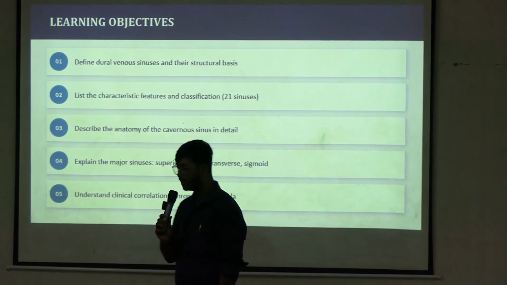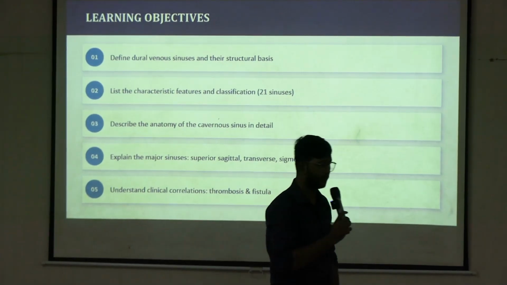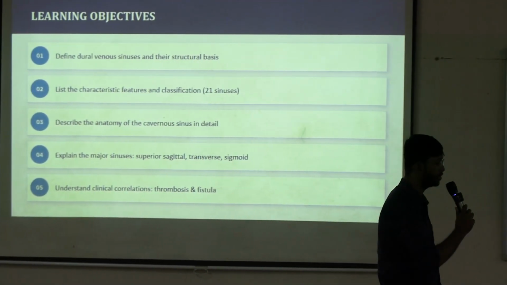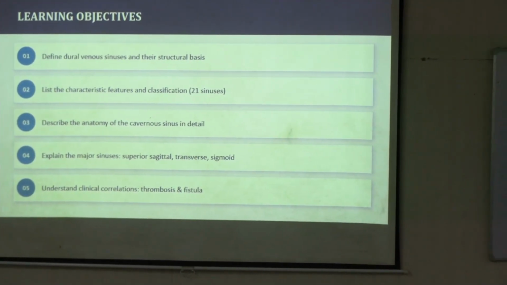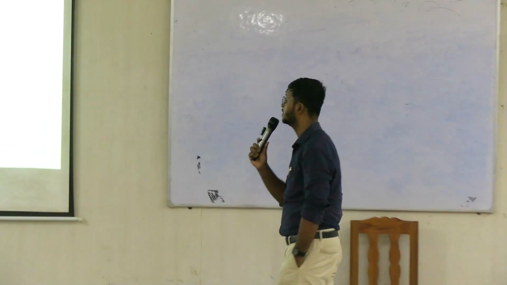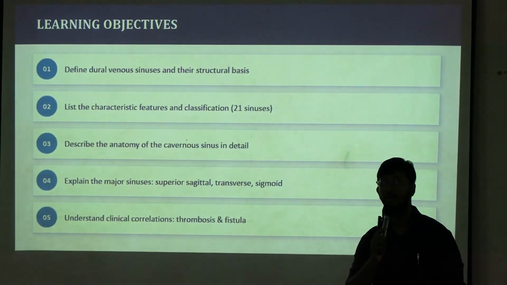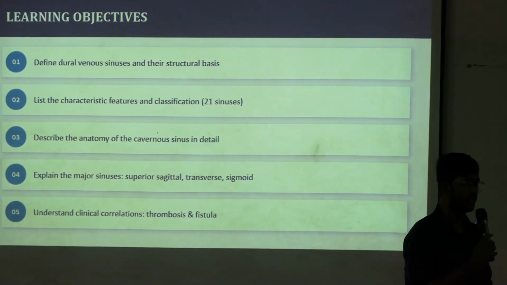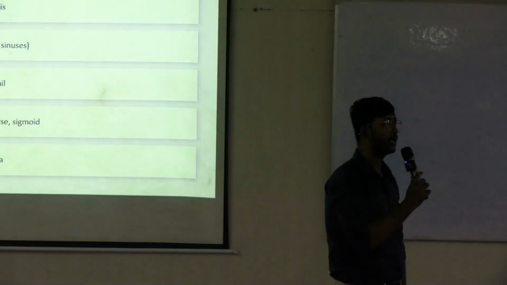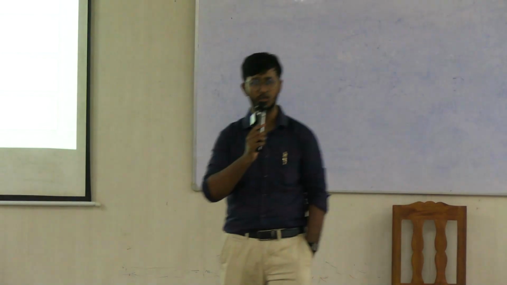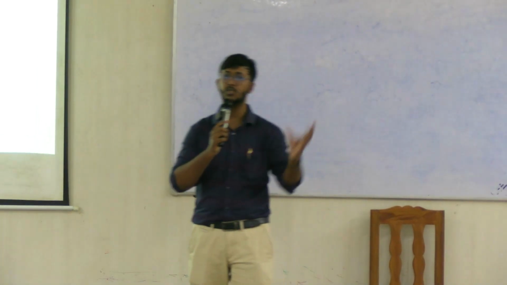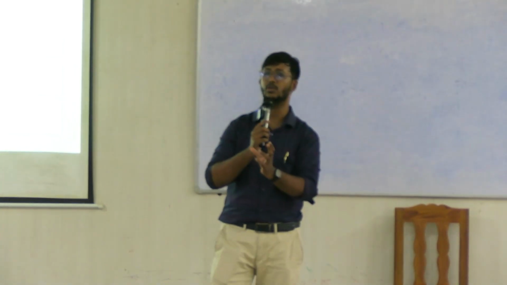So basically here we need to understand the meaning of dural venous sinus, then its various characteristics and structures, then the anatomy of cavernous sinus. We need to understand it in great detail because cavernous sinus again comes as a short note. Dural venous sinus comes as a short note, cavernous sinus also comes as a short note.